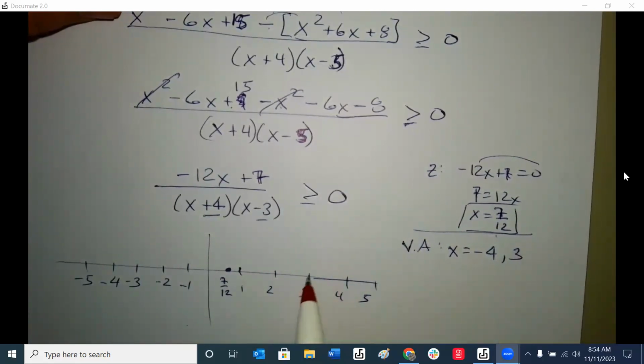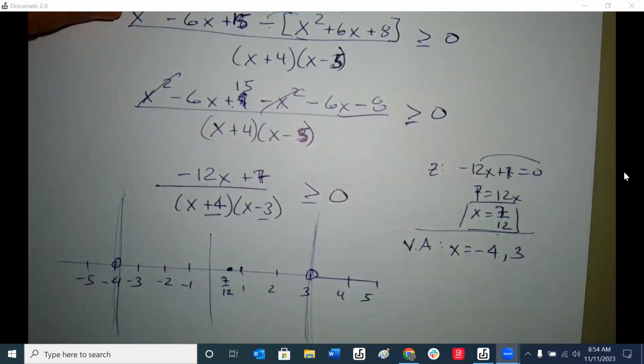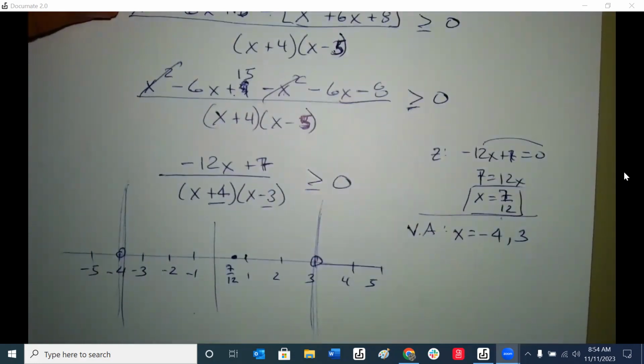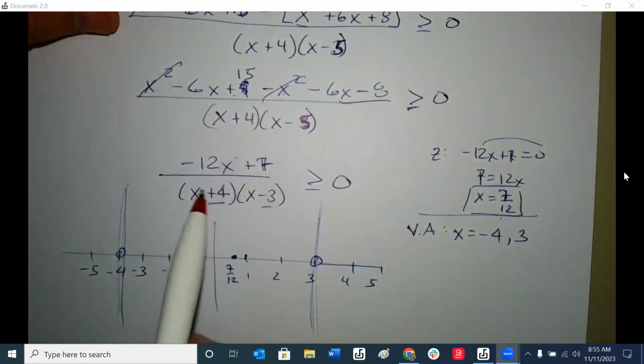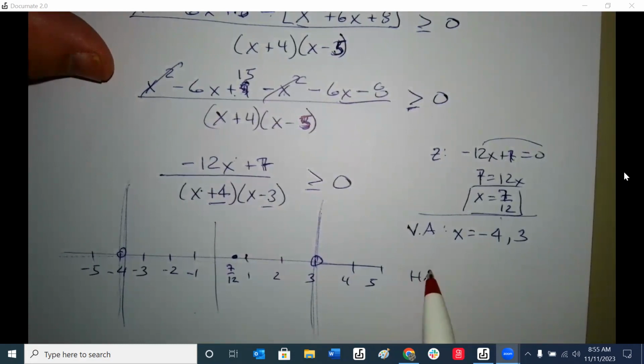My vertical asymptotes are at negative 4 and 3. I cannot use these values. And my horizontal asymptote, since the top is only 1x and the bottom has 2, it's the x-axis. So this is my horizontal asymptote, the x-axis.